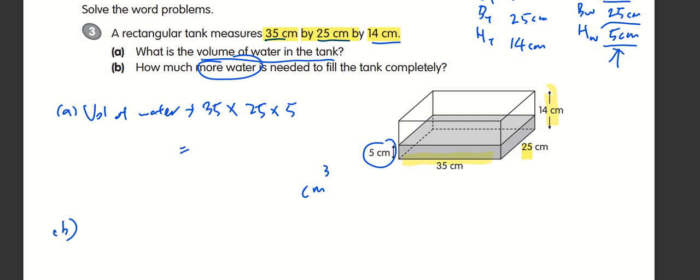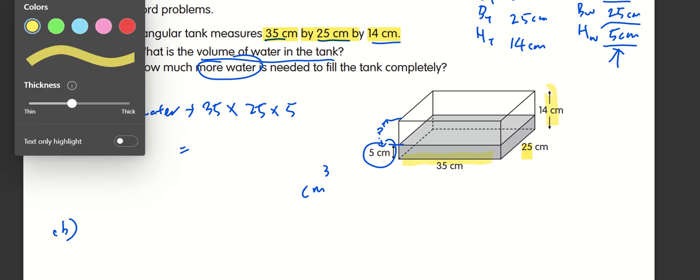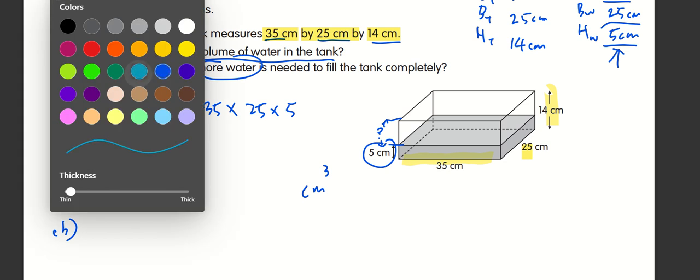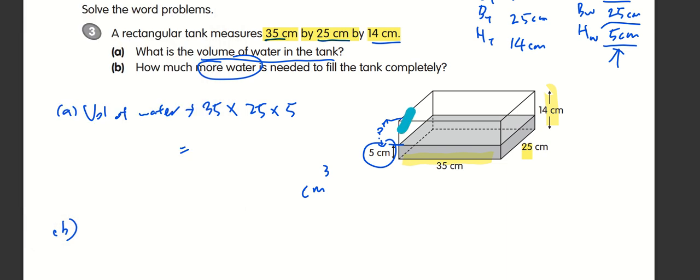How much more water is needed to fill the tank completely? So in this case, I can use the measurement here. So here you can understand it as the cuboid space here.